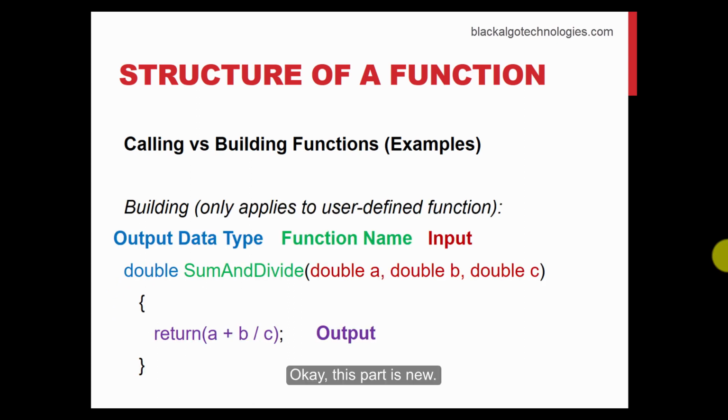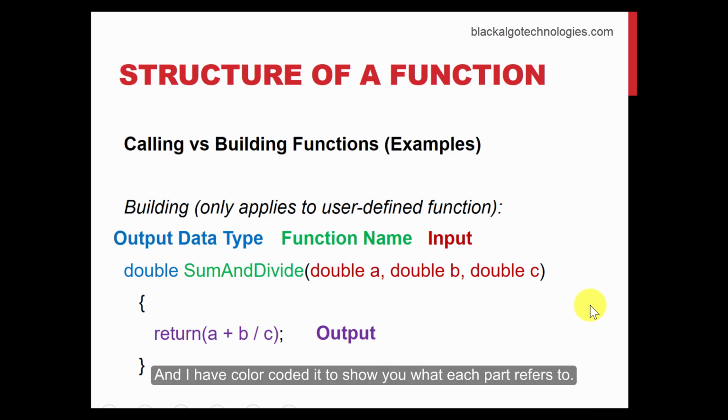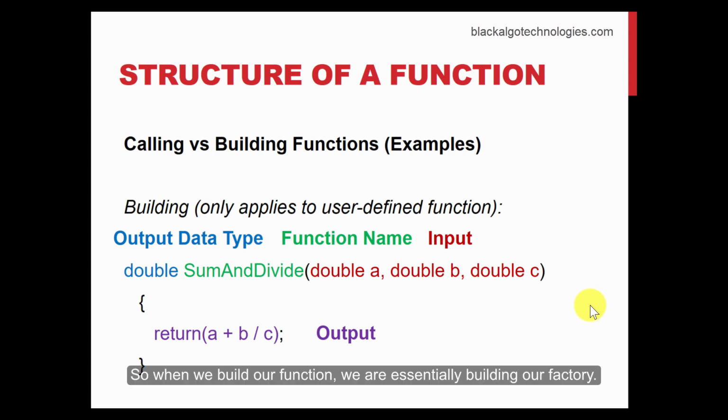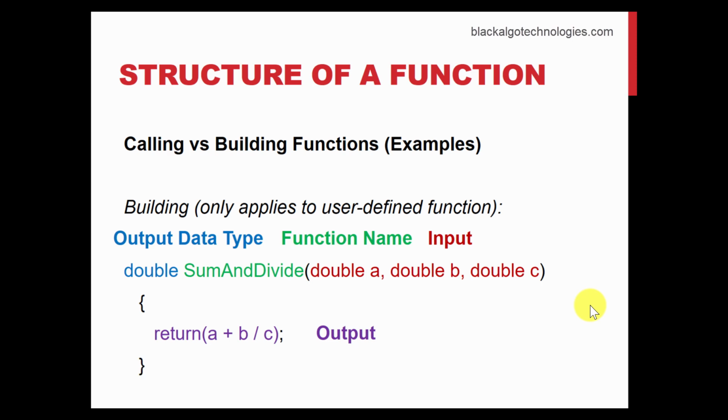Okay, this part is new. This is an example of how to build a function. So this area here is our code. And I have color coded it to show you what each part refers to. So when we build a function, we are essentially building our factory.